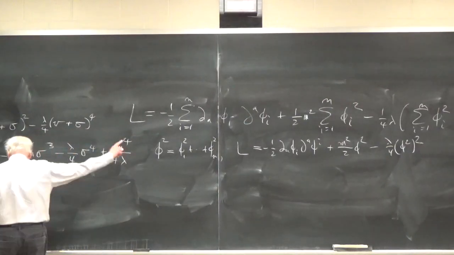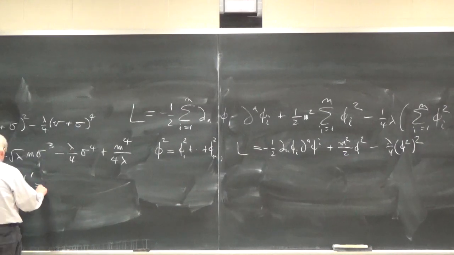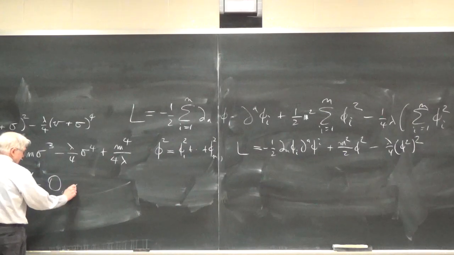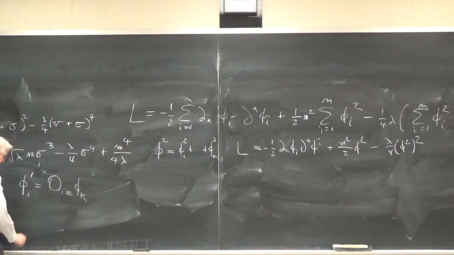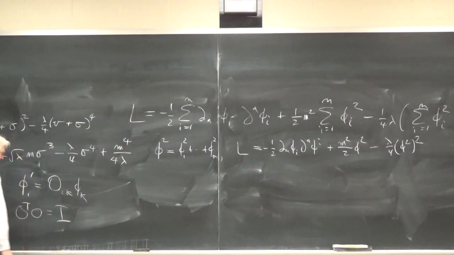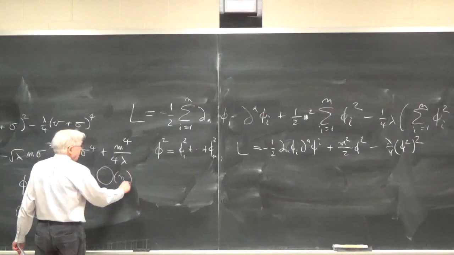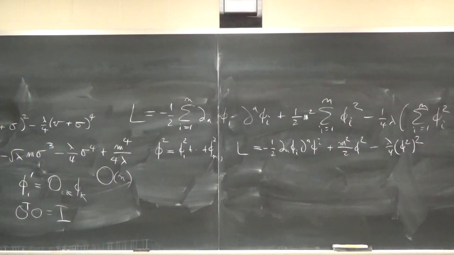Now, this linear sigma model is invariant under orthogonal transformations. Here, O transpose O is the n by n identity matrix. This is the group O(n), and this is, of course, a continuous symmetry.